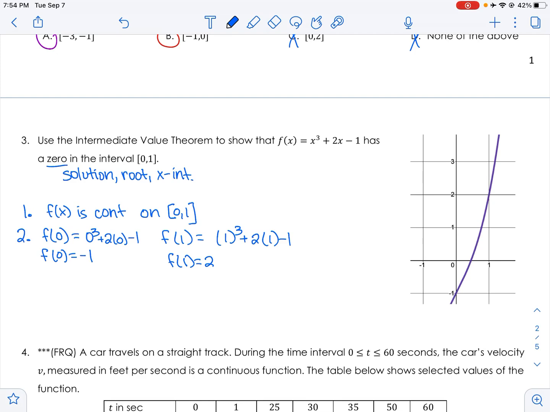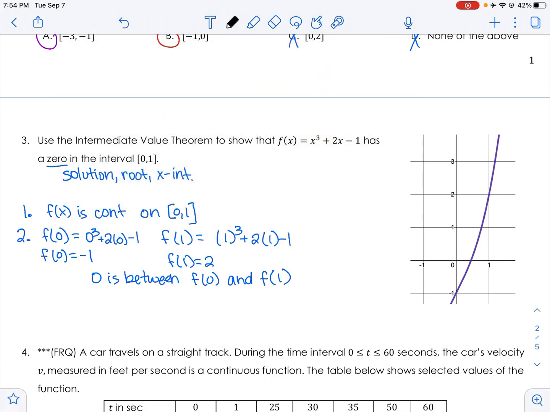So what we need to know is, is 0 between negative 1 and 2? Yes, it is. 0 is between f of 0 and f of 1.